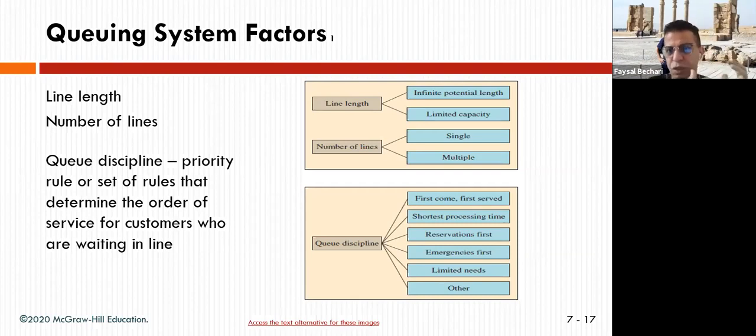So the emergency is also something you need to look at, and limited needs, whether somebody needs a small thing to be done, because it affects the line. Many times you go through this experience that somebody in front of you is at the bank, for example, and you have some money you want to deposit or withdraw, a small thing, but if somebody is in front of you, you feel like he's getting a mortgage for his house.